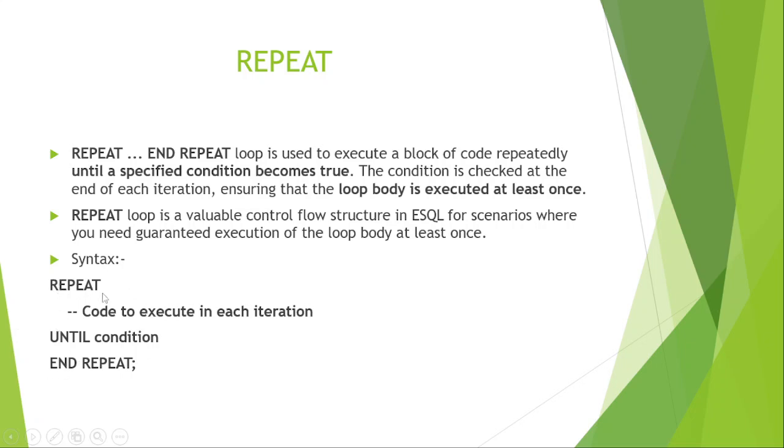It checks the condition at the end. Firstly, the code will execute at least one time for sure, and at last it will check the condition. If the condition is false, it will continuously repeat. If the condition is true, then the block will terminate and come out of the loop. That's the thing you need to remember.